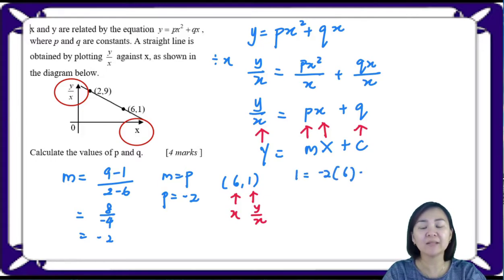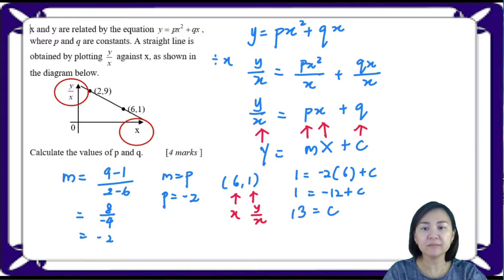Our y over x is 1, m is negative 2, our x is 6, and we can get our value of c. When we expand and multiply, our value of c is equal to 13. c is also equal to q. Therefore, our value of q is equal to 13.